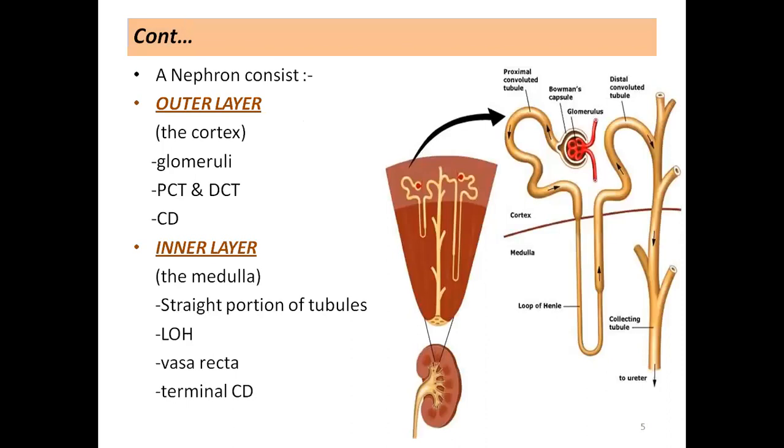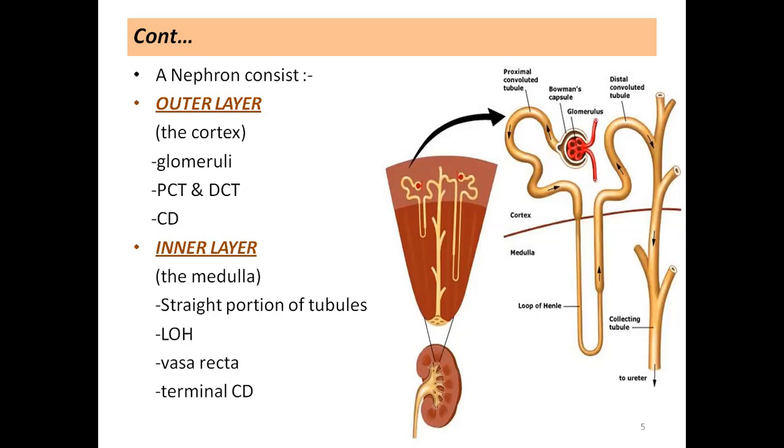Let us understand the parts of the nephron. The outer layer, the cortex of the kidney, contains the glomeruli, proximal convoluted tubule, and the distal convoluted tubule. As you can see, the cortical and the medullary regions of the kidney have been demonstrated in this diagram.